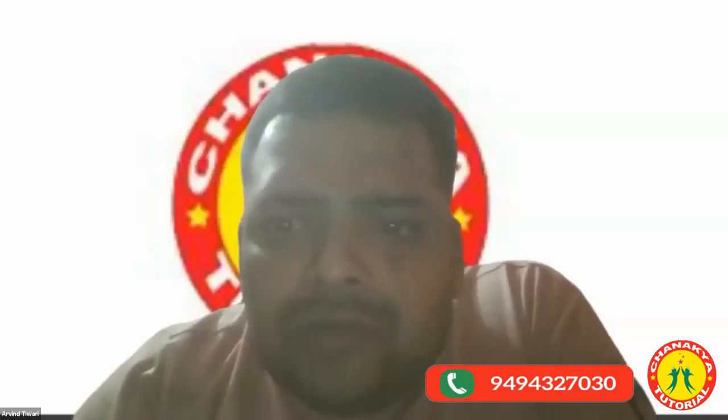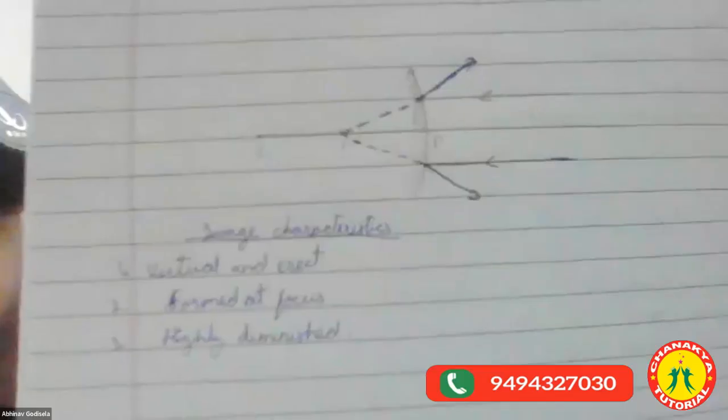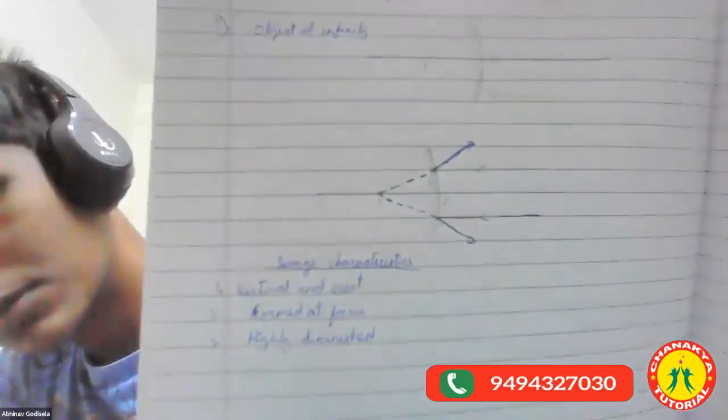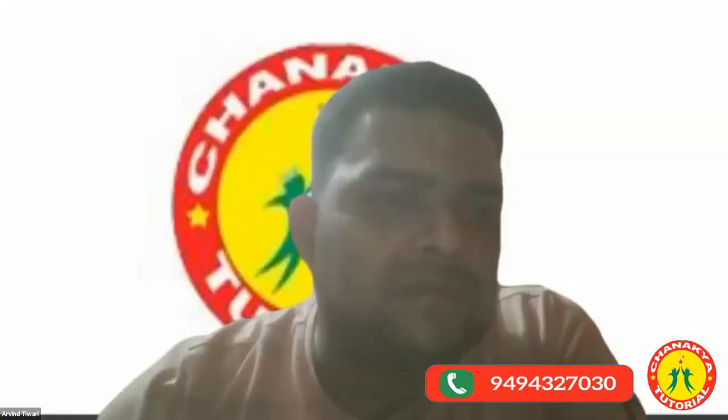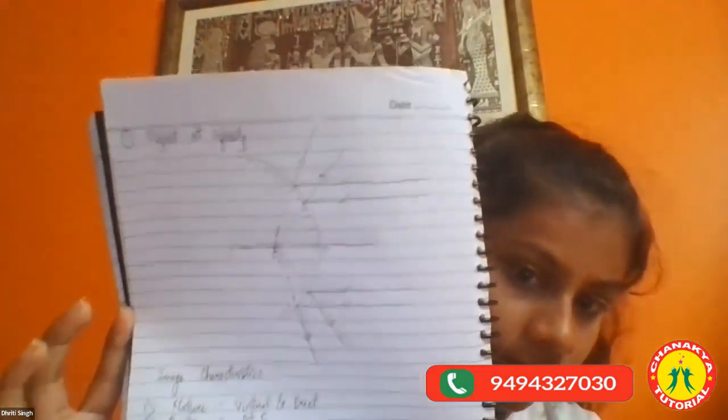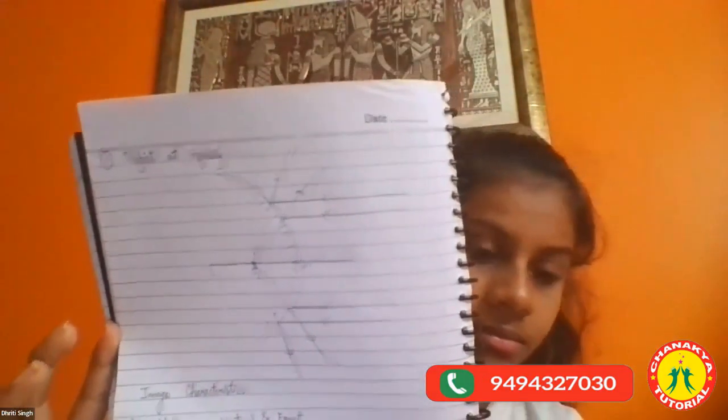Abhinav, the diagram is correct. Okay, who else is left? Dhriti. Okay, Dhriti, show. Yes, your diagram is also correct. So I think everyone has shown.